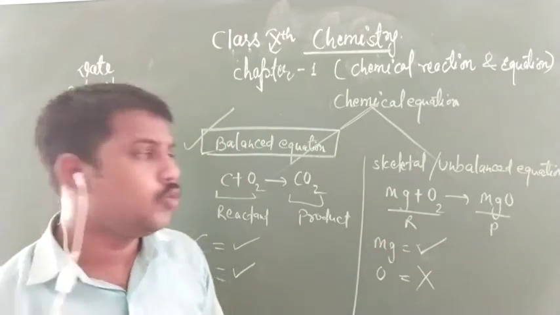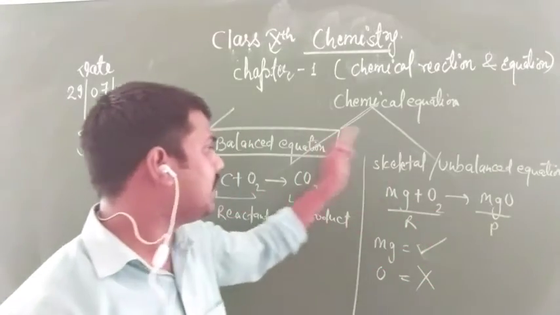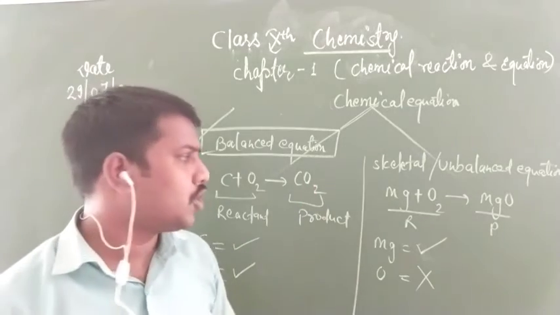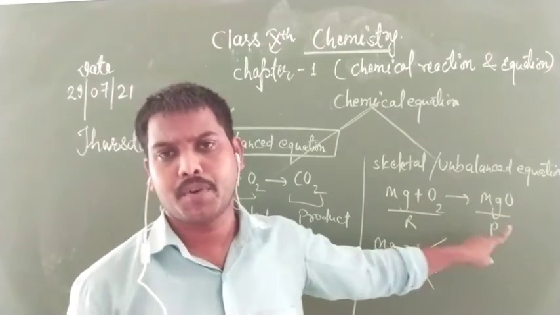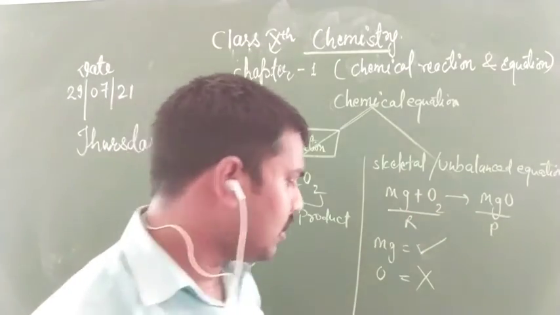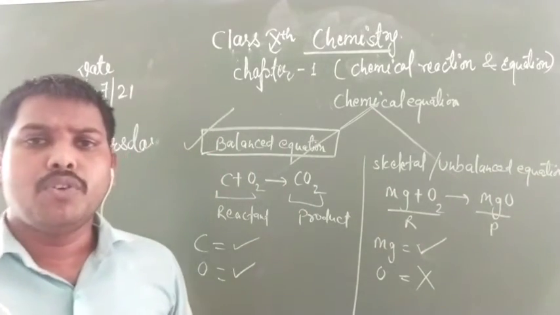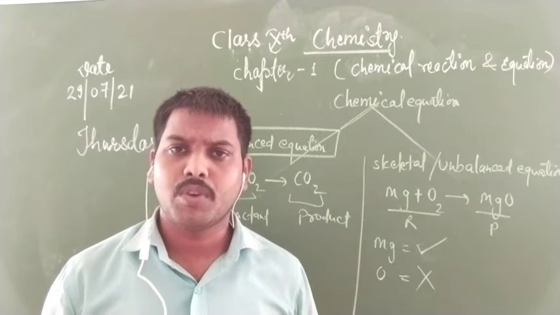So in order to convert an unbalanced chemical equation into a balanced one, we have to follow some rules to equalize the number of atoms in the reactant and the product. Clear? Now see, children, I am going to tell you the need for balancing equations.